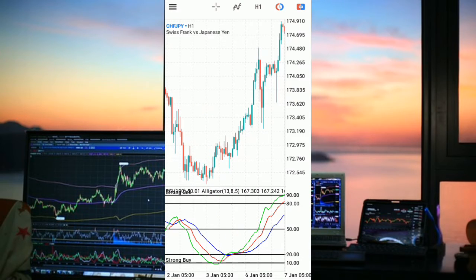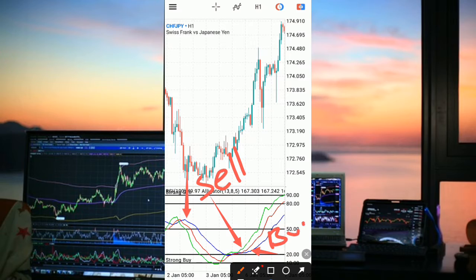Remember, we said that when the alligator is open, for instance just something like this, it means we are able to make an entry, either selling or buying, depending on which direction the alligator is facing. For instance, if the alligator is opening at this level over here, it means that we are going to be selling, right? But if the alligator opens down here, it means that we are going to be buying.